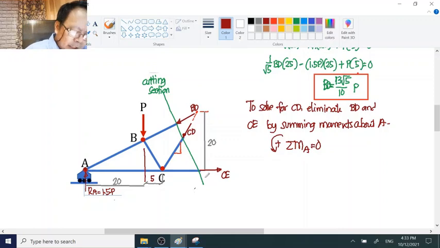Di ba? And because this distance ay equal naman sa 20, kasi itong distance ay 20 rin eh, di ba? Hence, itong distance na makikita natin dito from C to this end will be equal to the difference between 20 and 5 and this will be equal to 15. Di ba?